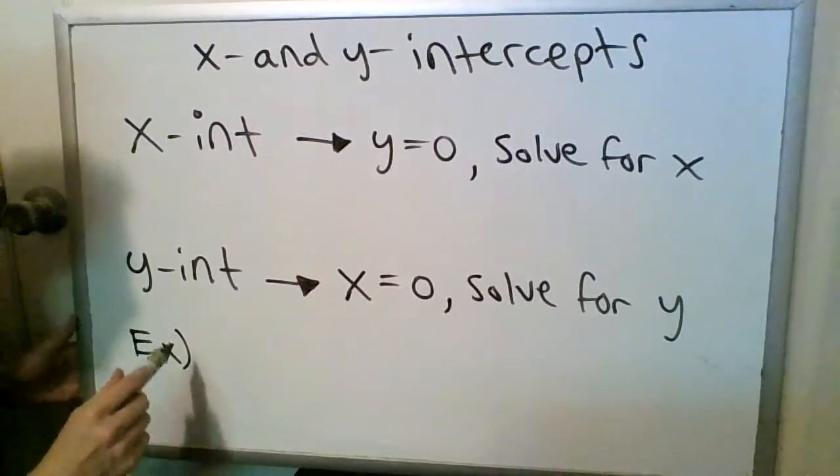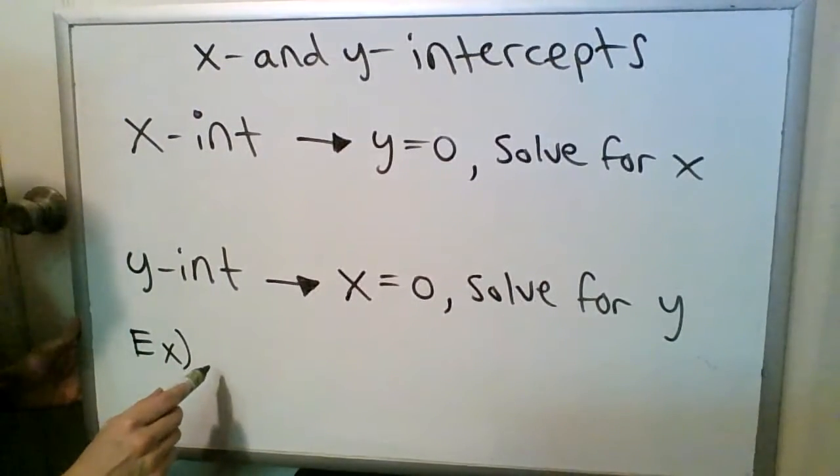Find the x and y intercepts of y equals -2x minus 1.